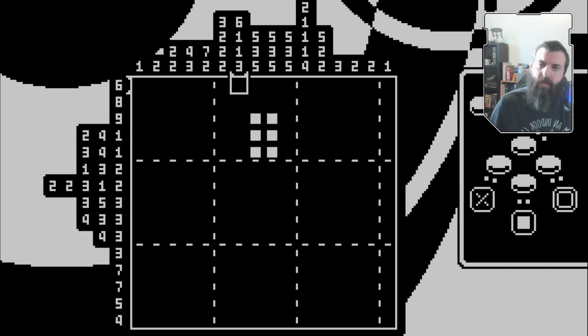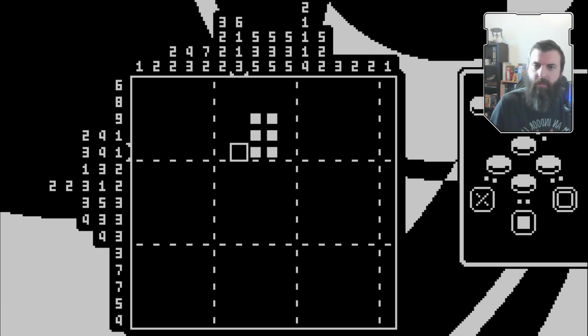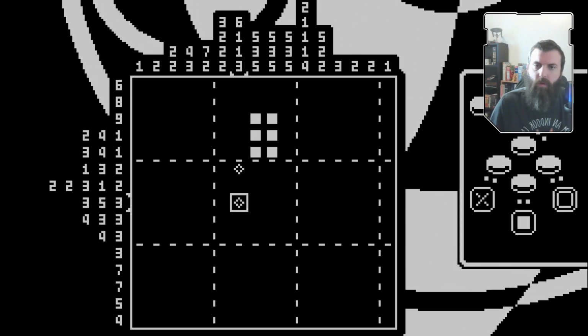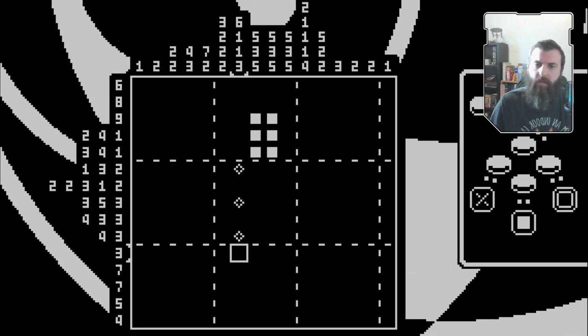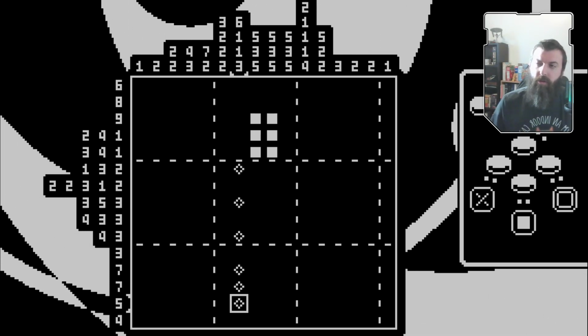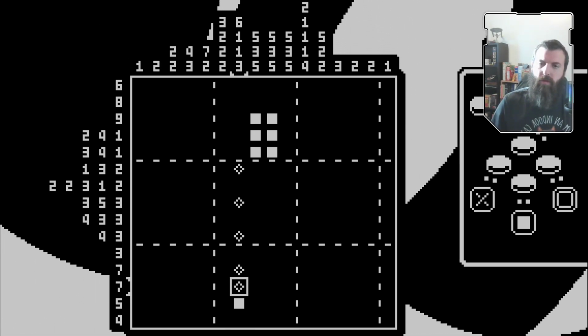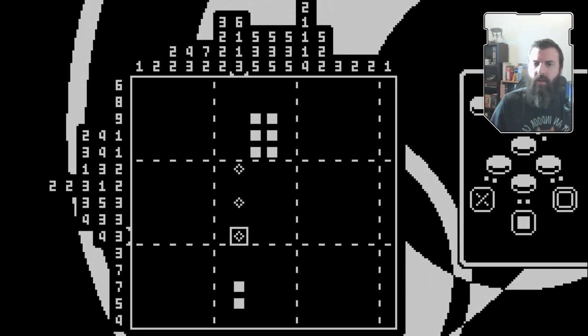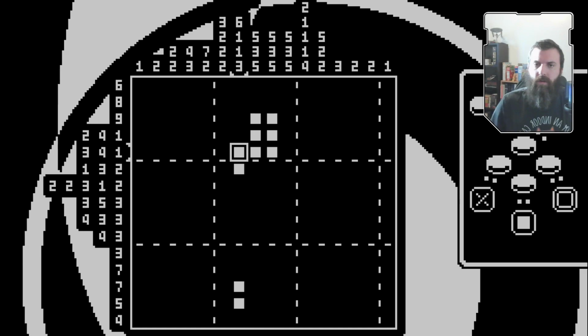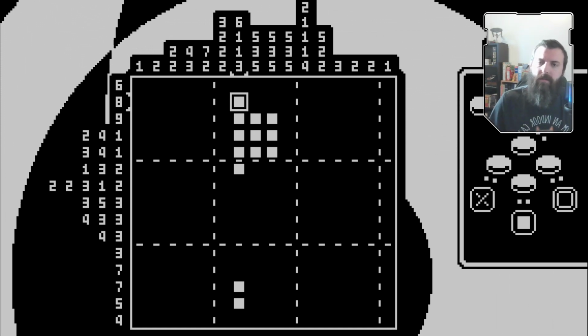So, we've got this vertical 6, so 1, 2, 3, 4, 5, 6, space 1, space 1, space 1, 2, 3. So there's 2 pixels of wiggle room there. So we know that 1, 2, 3 has to be filled in, and 1, 2, 5 have to be filled in there.